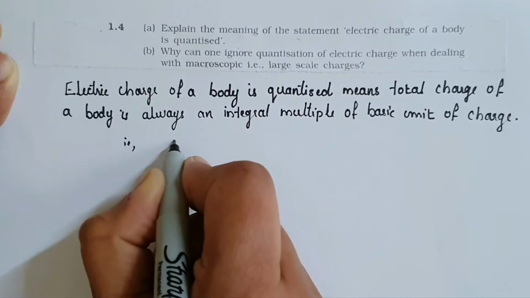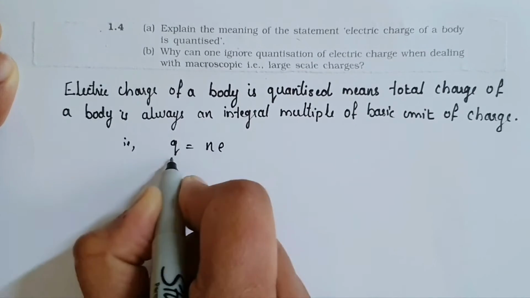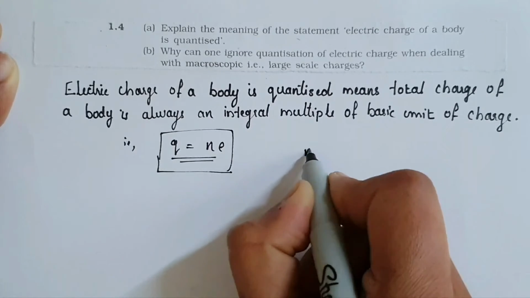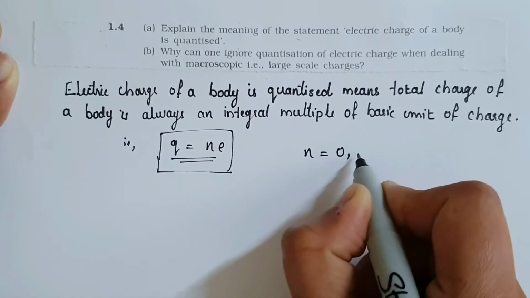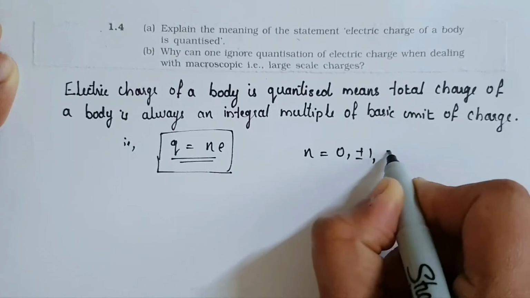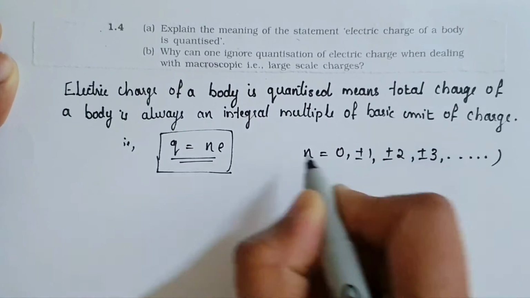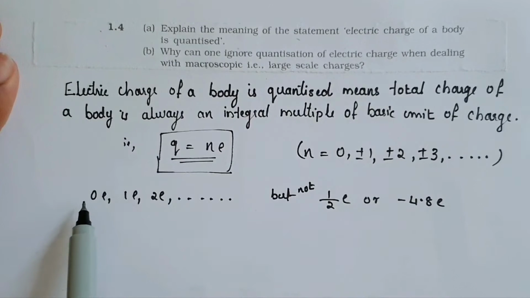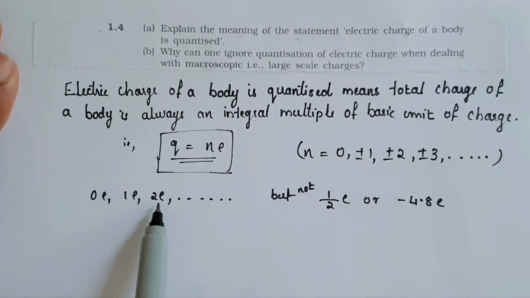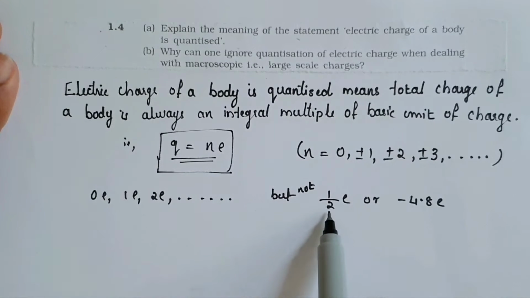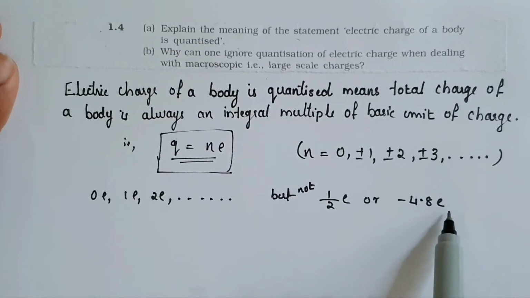That is, Q is equal to Ne. N can have values like 0, plus or minus 1, plus or minus 2, plus or minus 3, etc. Which means that a body can have charges like 0e, 1e, 2e, but it cannot have fractional values like half e or minus 4.8e.